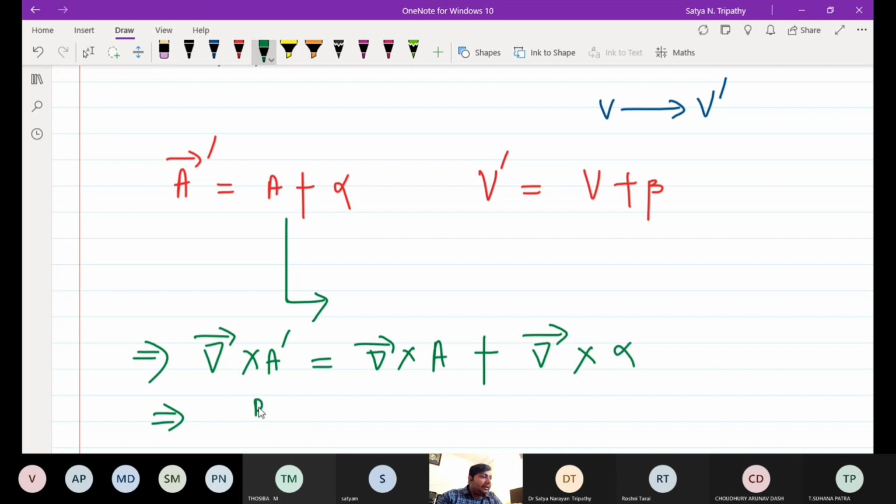This will give the same magnetic field plus del cross alpha. That implies del cross alpha is equal to 0. This is a very important concept.